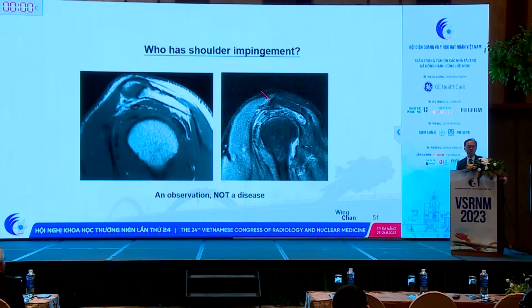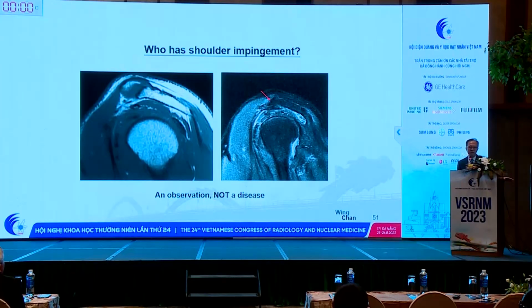So what we need to dictate on the radiograph or MR imaging, I would say, okay, we can identify a spur in the subacromial space, which is a risk factor for shoulder impingement. I will not say that subacromial spur formation is consistent with or compatible with impingement syndrome.